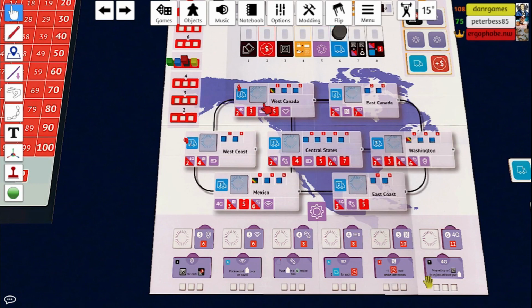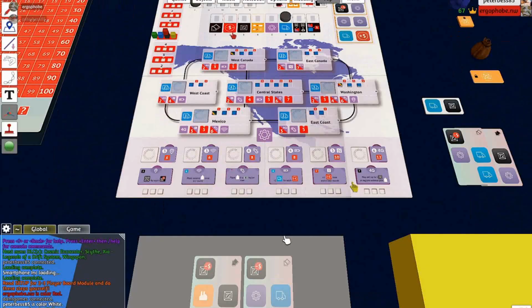That's how much it costs to get into that. So with 2, if I was currently in West Coast and wanted to get into West Canada, I couldn't do it with 2. I would just have to make 2 progress, and then in a future round I'd have to add more to get into there. So basically it's the same as a tech. I would put my 2 tech progress there. If later on I get a 3, I would put my office in over here.